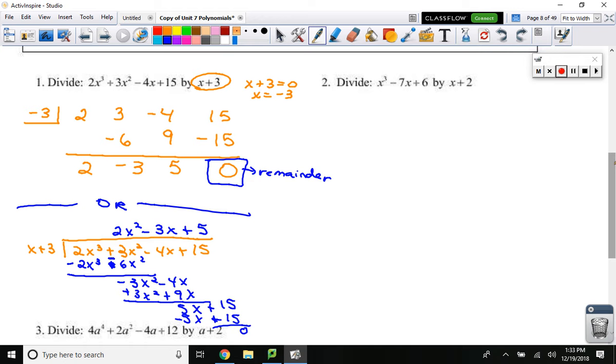Okay, let me just write out my answer. That's not the answer, that's just the coefficients to my answer, right?